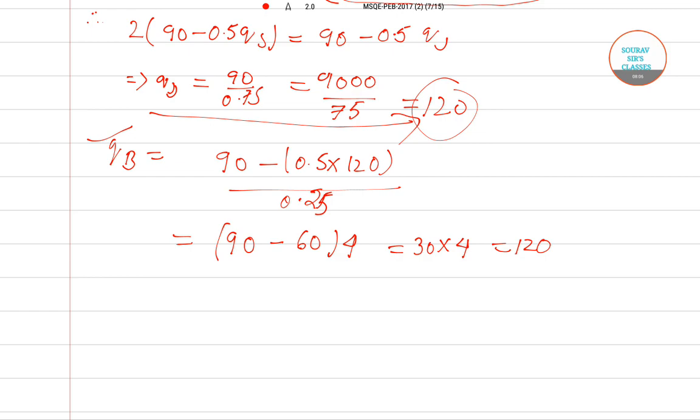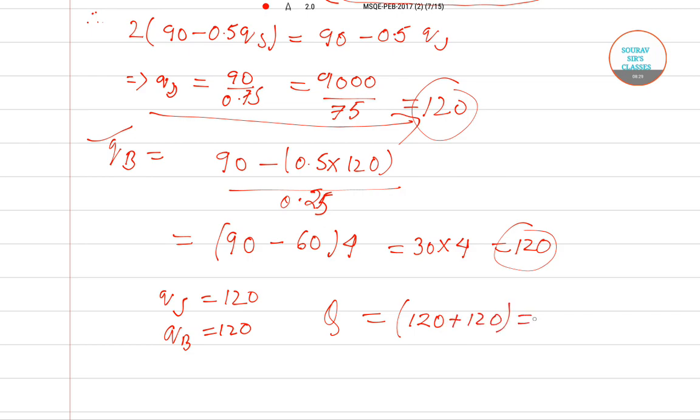So the value of QB is 120, and QJ is also 120. So the total quantity will be 120 plus 120 equals 240.